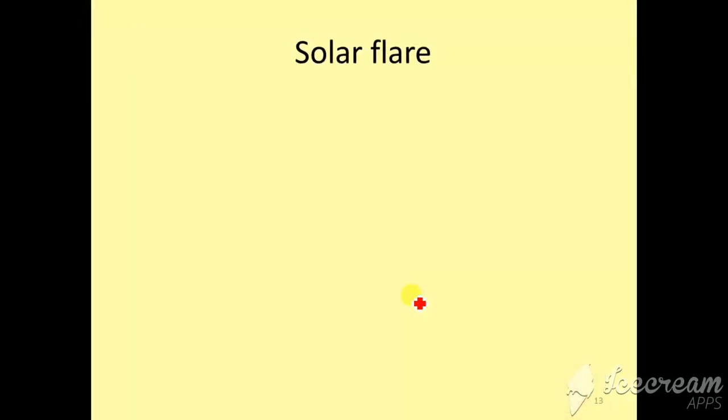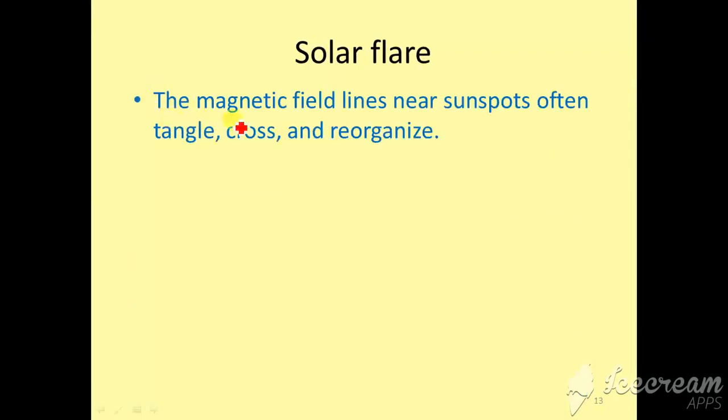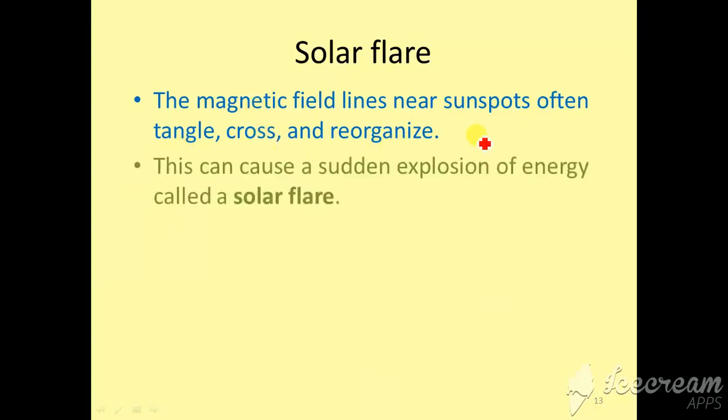Then the solar flare. The magnetic field lines near sunspots often tangle, cross and reorganize. We know that the magnetic field intensity is very high at the sunspots. So due to this strong magnetic field, the magnetic field lines near sunspots tangle, meaning winding with each other, cross and reorganize themselves.